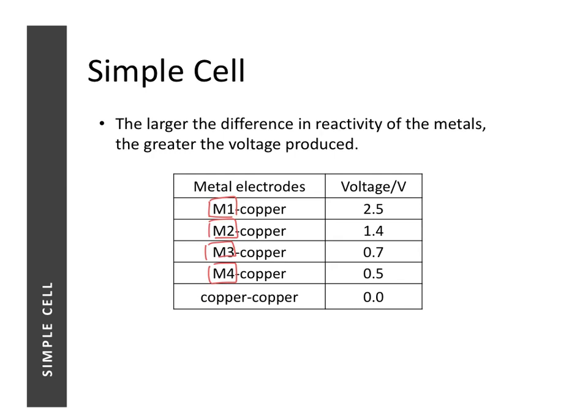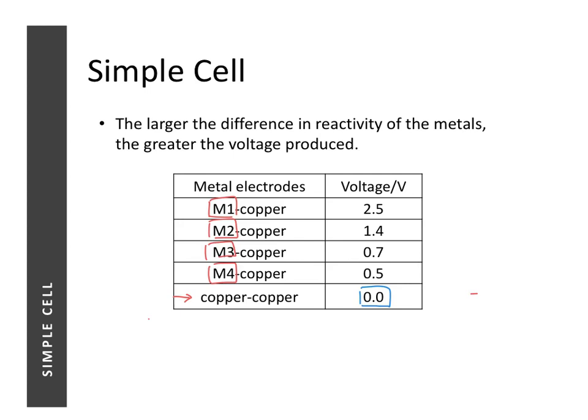Before we go into analyzing the reactivities of M1, M2, M3 and M4, let's look at the 5th example first. When you have 2 copper electrodes in a simple cell, both electrodes have the same reactivity, the same tendency to lose electrons. So the voltage generated will be 0.